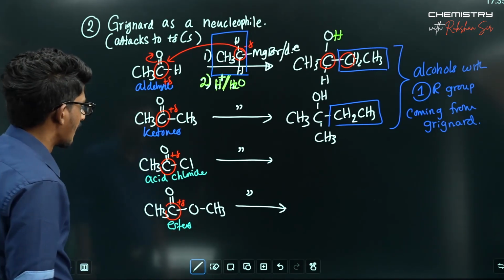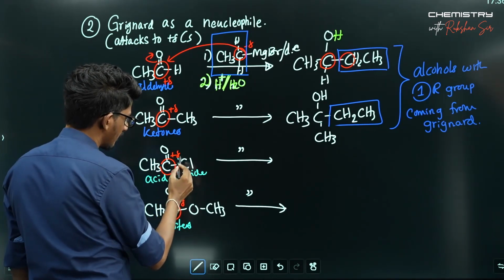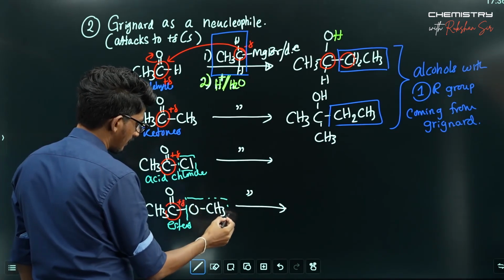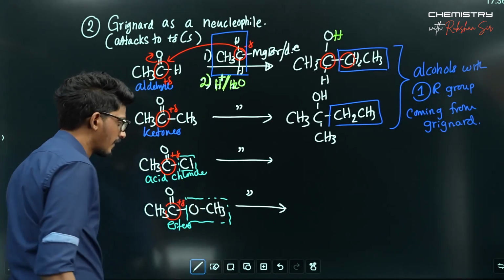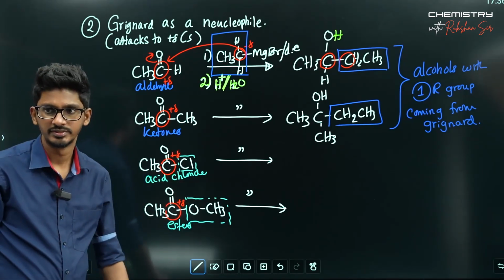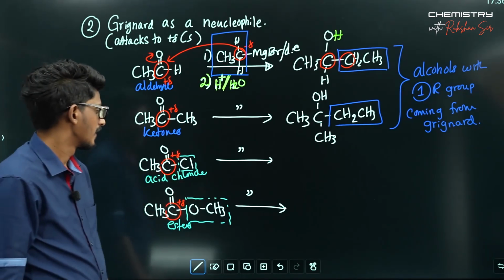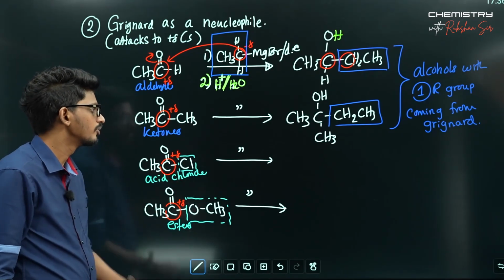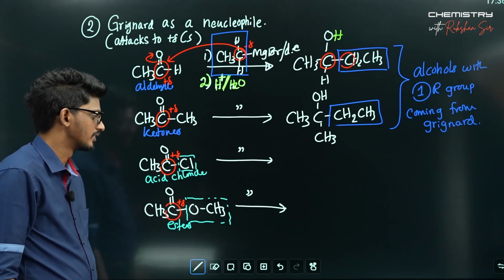As these groups are good leaving groups, that thing will also leave, these sections will also leave, so that not only one group but two groups will be connected from the Grignard.